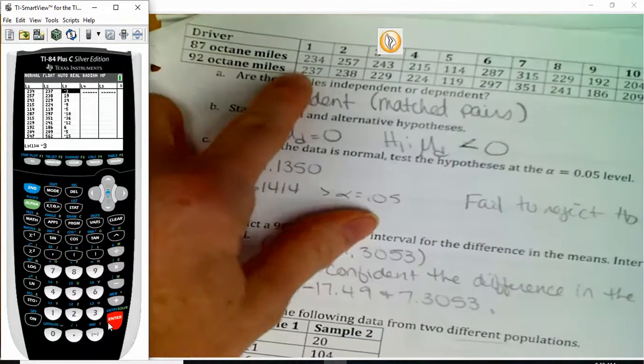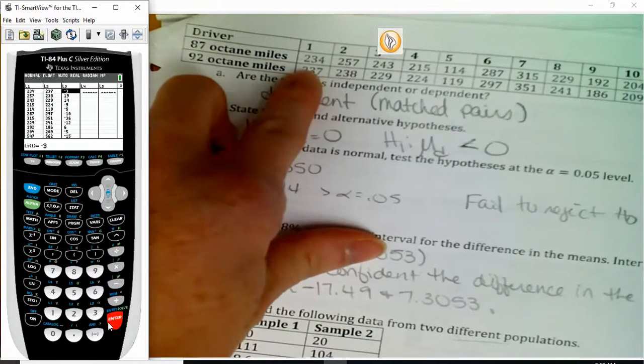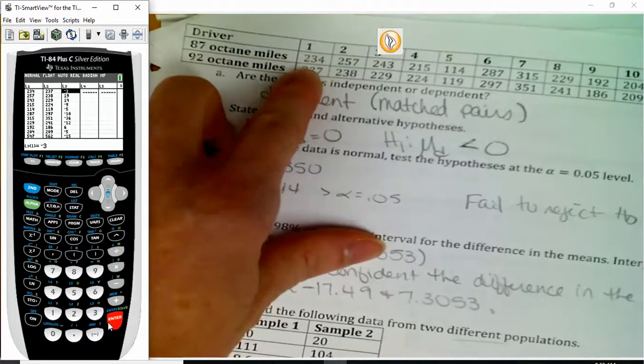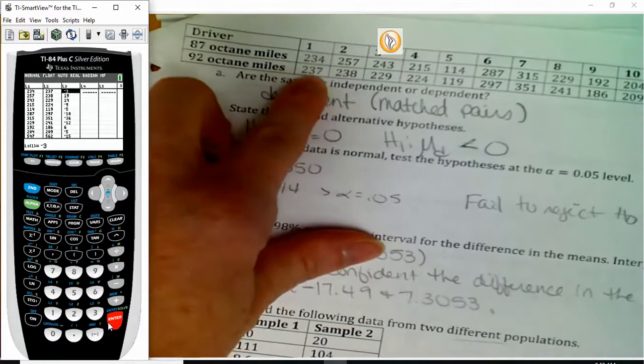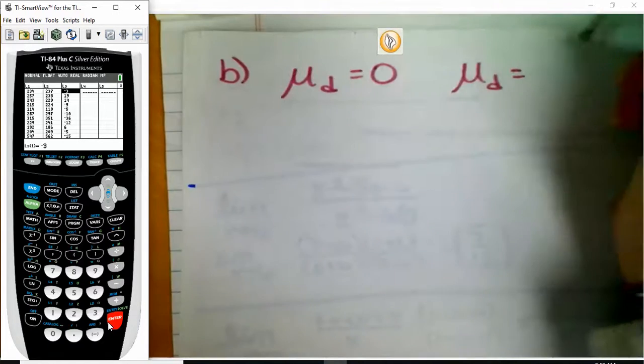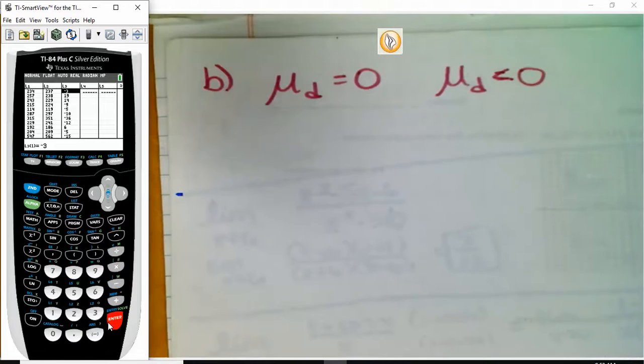So I want to see if that one is better. That means this number is larger. So when you subtract them, do you get a positive or a negative? A negative, because I want the bottom one to be more miles. So a smaller number minus a bigger number should be negative. So my alternative is less than 0.